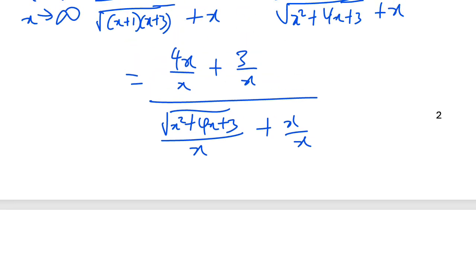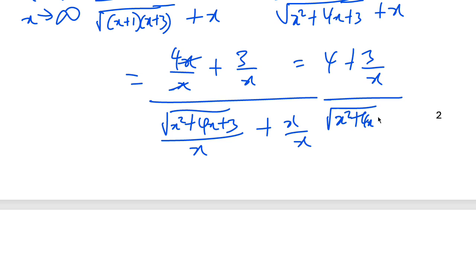So with that, the x cancels, and then we have 4 plus 3 over x, all over the square root of x squared plus 4x plus 3 all over x, plus x divided by x gives us 1.